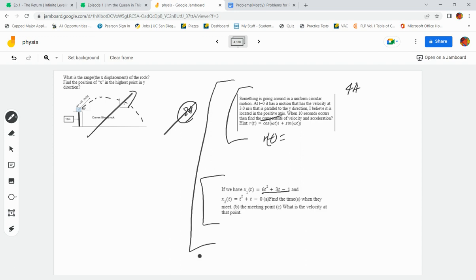So you're going to have to figure out that w equals 2 pi f, frequency, and that equals 2 pi over T, I believe, and then you have to figure out that a equals w squared r. You don't even need this. It's the square root, equal w. That's the first thing you need to know.